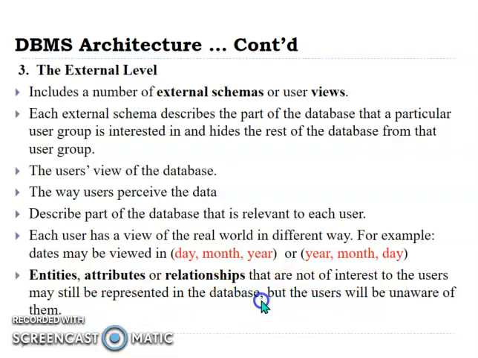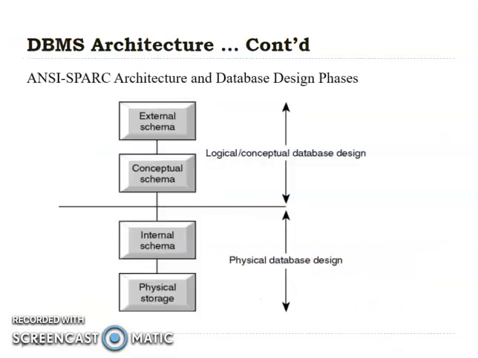That means if you have a lot of data, users are unaware of the many data stored in a database, and he or she only focuses on the thing which we perceive from the database. If someone is creating day, month, year, he only views day, month, year, but there is a lot of data stored regarding day, month, year. That is the reason.